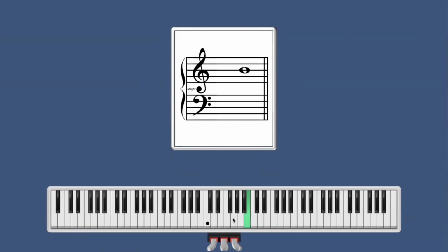E. Oh, there's a closer one. G. G clef G. Okay.